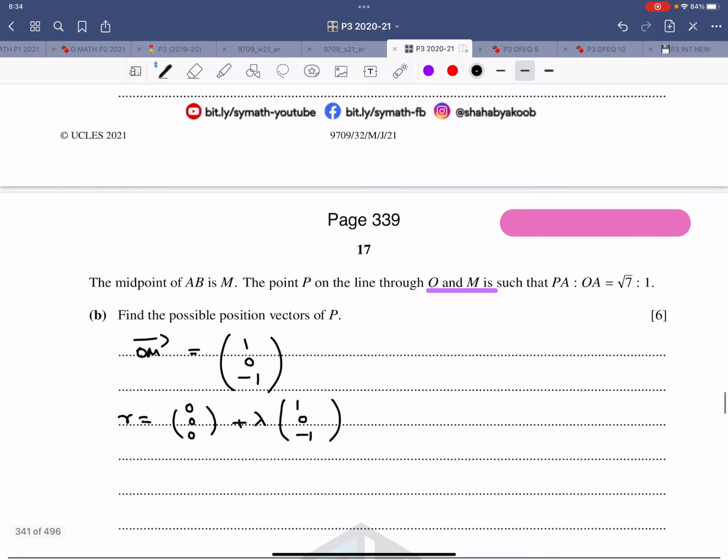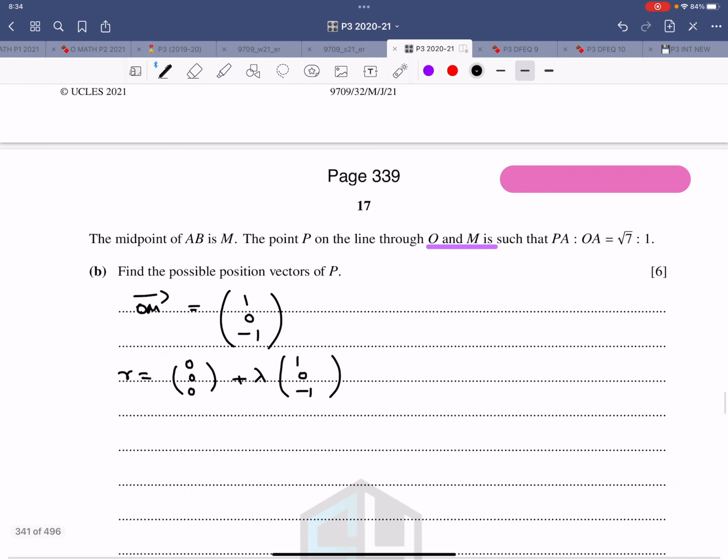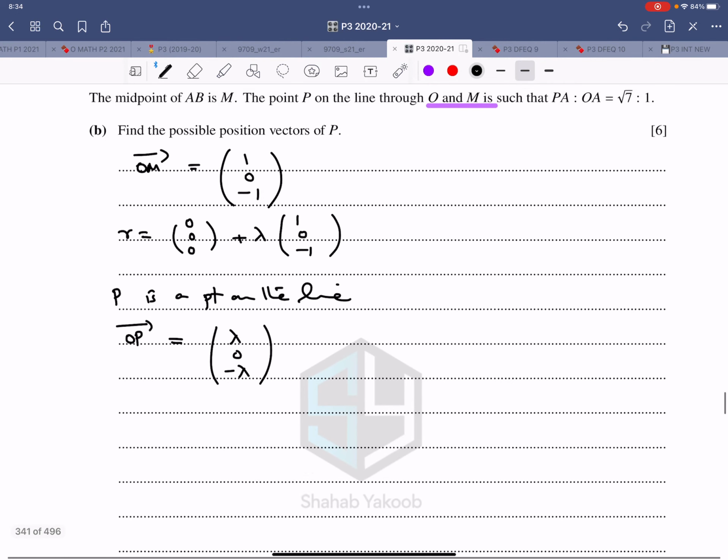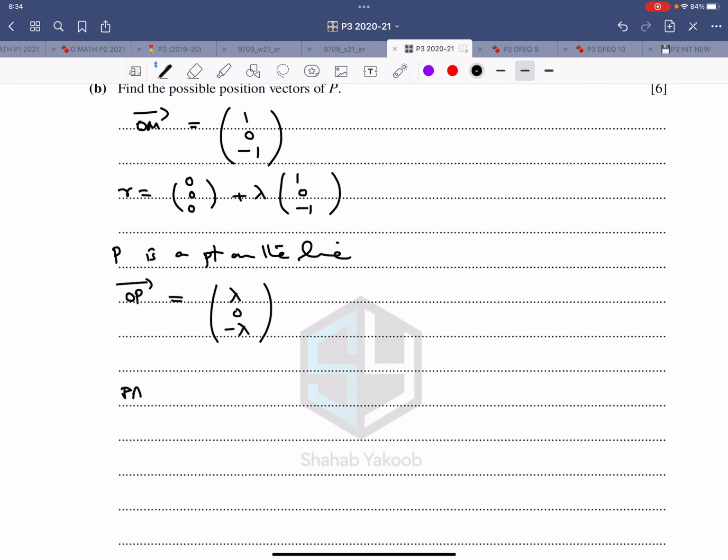And what does it say? There is a point P on the line. So therefore OP is just the extended form, that is (lambda, 0, -lambda). So simple. Such that PA is to OA. So PA is basically OA minus OP.